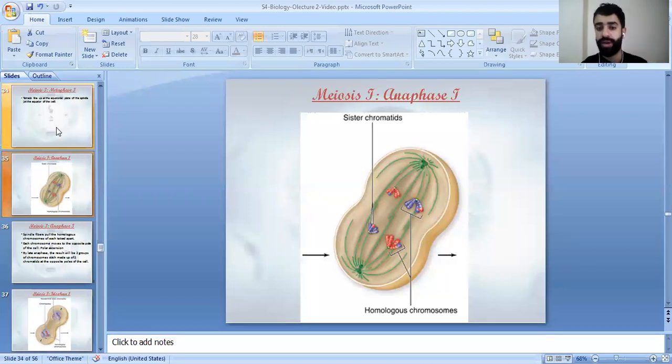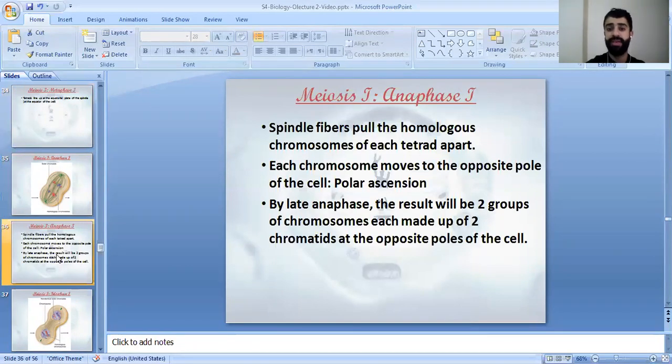Moving to anaphase I. In anaphase I we have polar ascension for sure. But here the spindle fibers are not pulling the sister chromatids. This is another difference from mitosis. Here in meiosis I, anaphase I, the spindle fibers pull the homologous chromosomes of each tetrad apart.